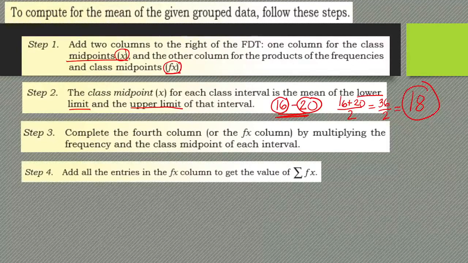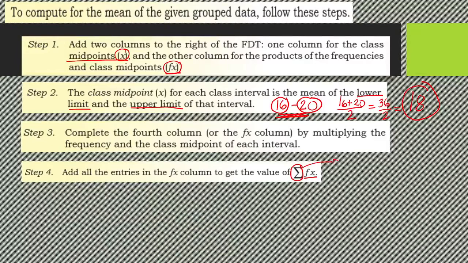Step number 4. Add all the entries in fx to get the summation of fx. By the way, you read this as summation of fx. Okay? So this is the symbol for summation.